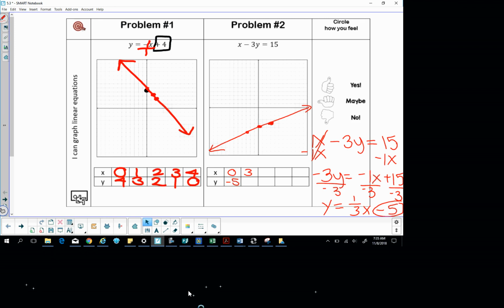The next time you see a y as a whole number is at 3. What is the y coordinate when x is 3? Oh, be careful, the biggest mistake, don't use the negative sign button, use the minus button, because it will get you a whole different answer.